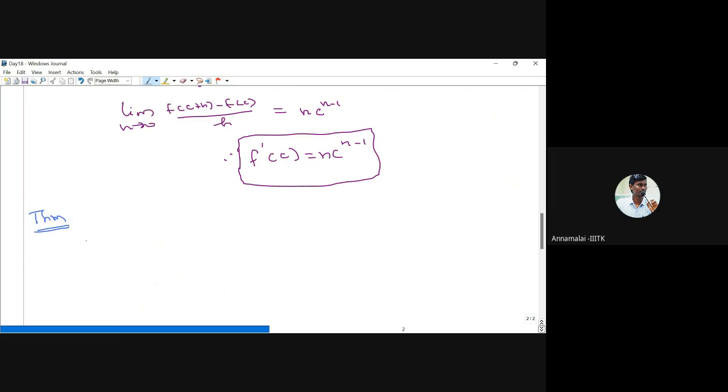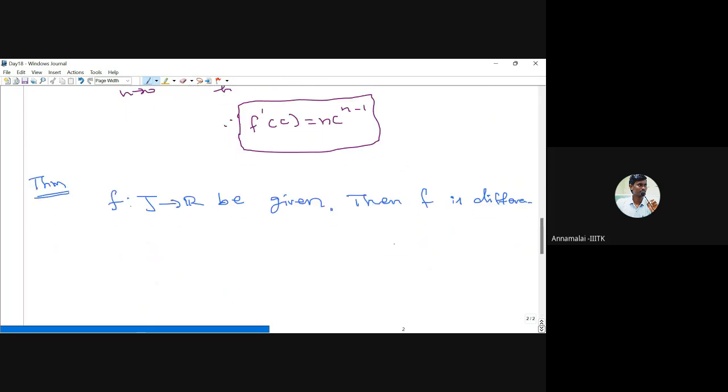Theorem: suppose f is a function from J to R. Then f is differentiable at c in J if and only if there exists another function f1 from J to R satisfying the following conditions.